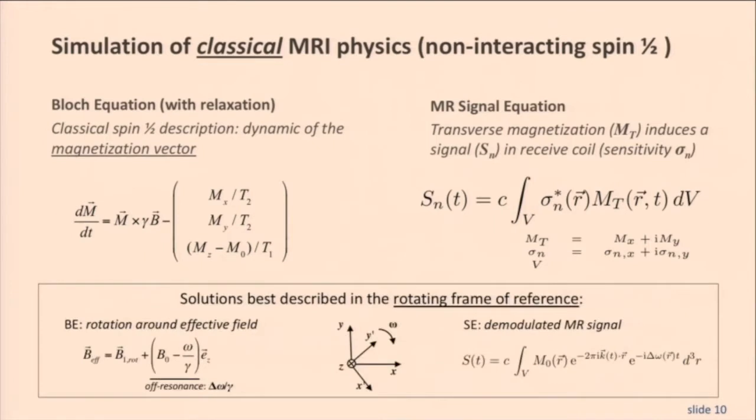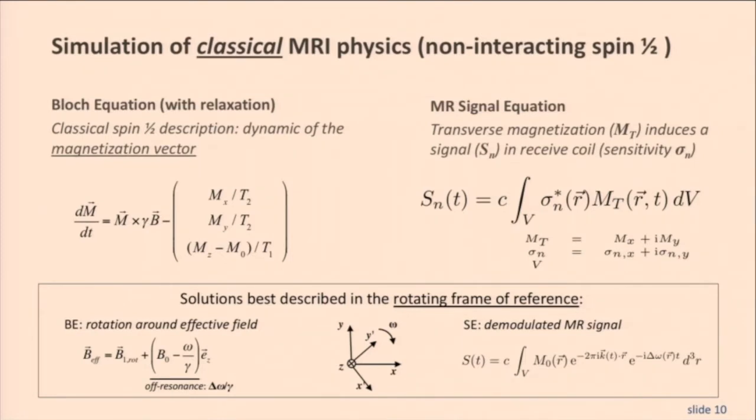If we simulate them, we typically do this in a specific coordinate frame, which rotates with the Larmor frequency. Then the spin physics is basically a rotation around a so-called effective field, which is given by the excitation field and the off resonance present.